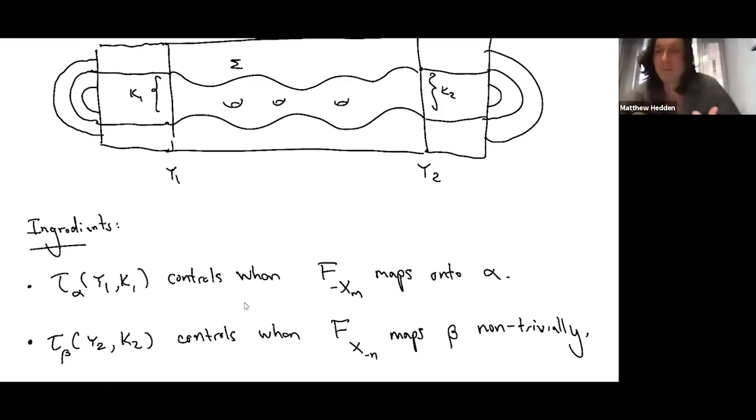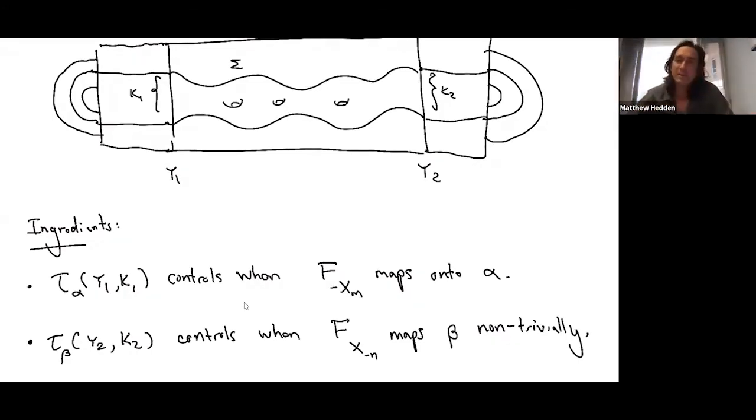And the way in which it controls it is that you can enumerate spin C structures on those two handle cobordisms by Chern class evaluations. And in terms of that numerology, we can understand when specific spin C structures on those cobordisms map to alpha, or map beta non-trivially, respectively.